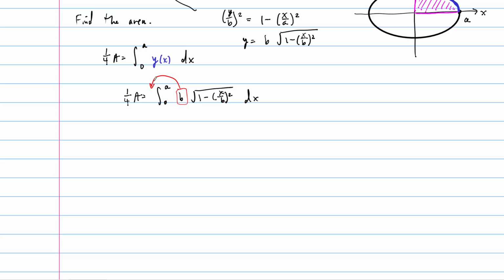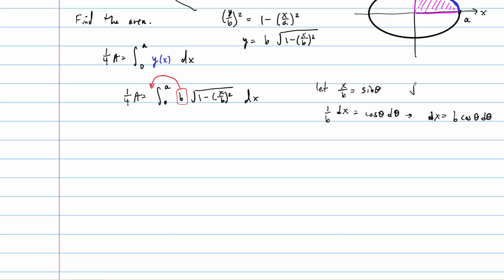And then we make our substitution. So now we're going to let x over b equal sine of theta, because we have 1 minus u squared, right? So that's sine of theta. And then 1 over b dx is going to be equal to cosine of theta d theta. So this then means that our dx is actually going to be equal to b cosine of theta d theta.